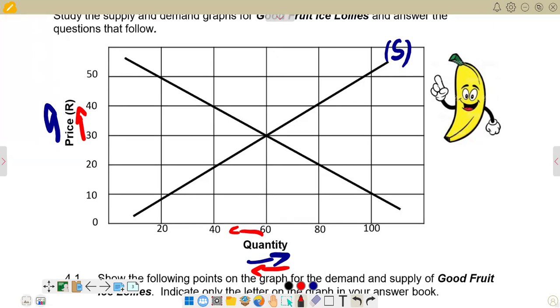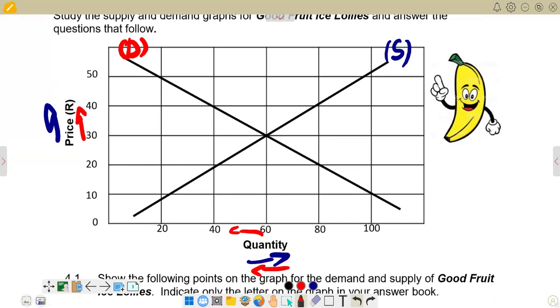Basically, the demand curve shows a negative relationship between price and quantity, and supply shows a positive relationship. Positive means the two variables move in the same direction; negative means they move in opposite directions. So this is our demand curve.